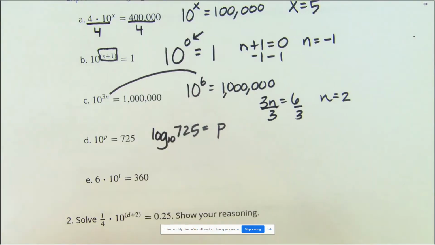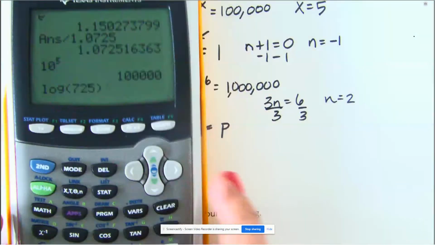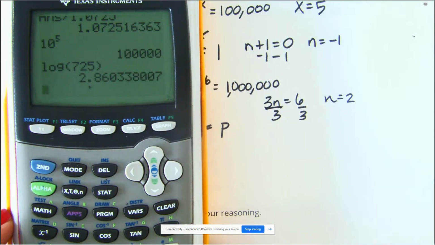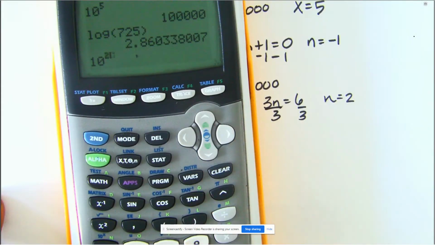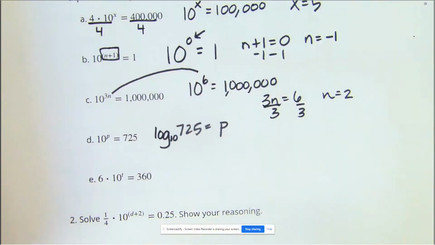That's log base 10, so it's just your common log, log 725. So about 2.86. And then just to make sure it makes sense, put that in. What's 10 to the 2.86? About, we rounded, but you can see that it's about 725.